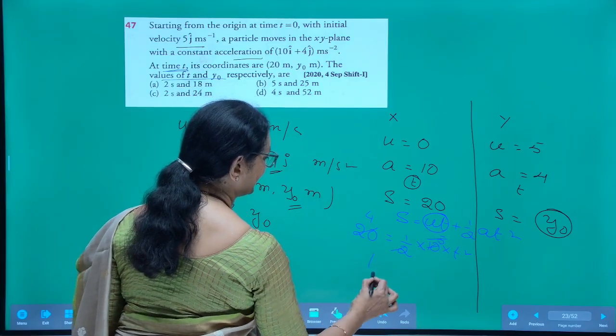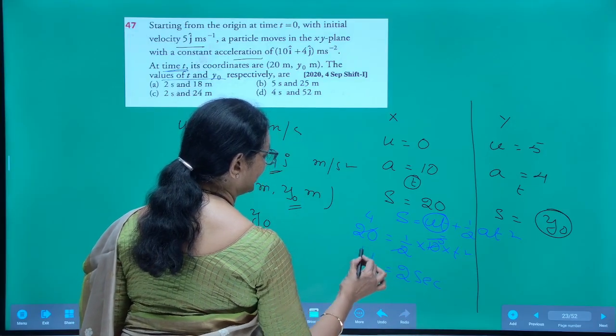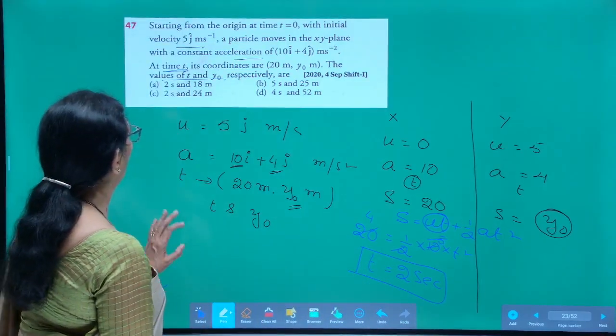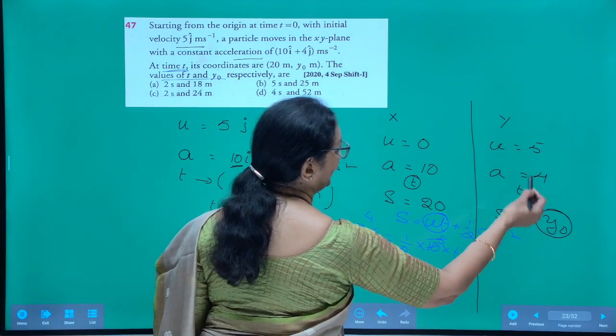T square is equal to 4, or t is equal to 2 seconds. So, we could find t here. Next, we need to find y.